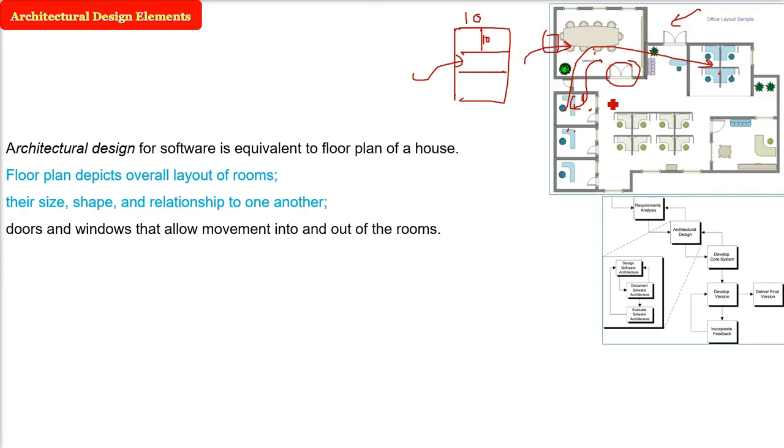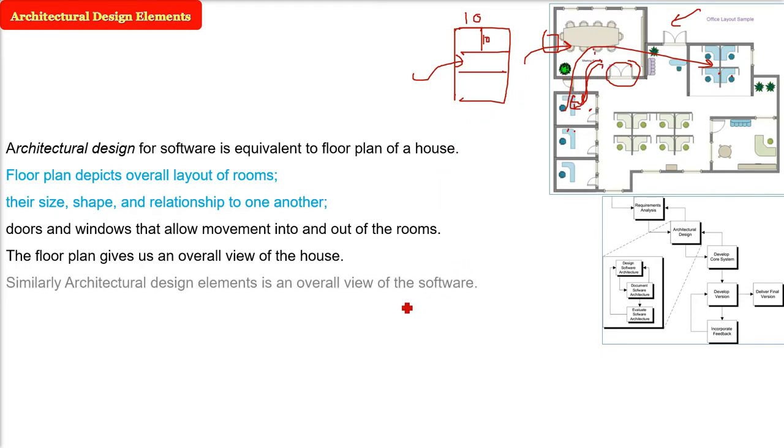This is also part of the architectural design. So as the floor plan gives us the overall view of a house, of any building or any office layout, similarly the architectural design element is the overall view of the software. I hope you will be able to relate to it.